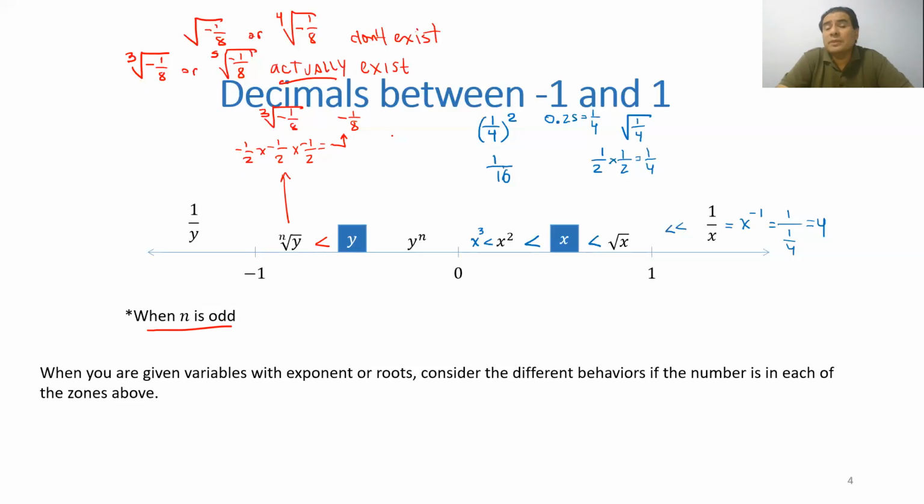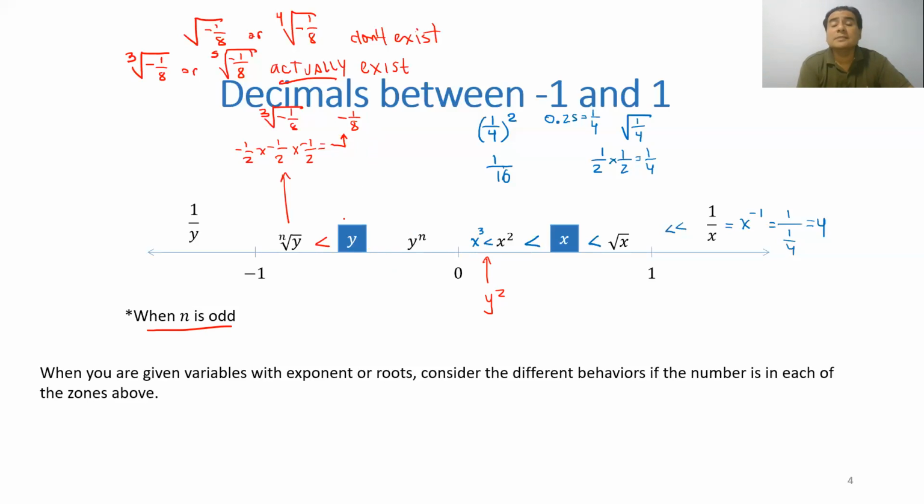What happens now with the powers? What about the powers of a negative decimal? Well, you know that if you raise -1/8 to the exponent 2, that is the square, that instantly becomes positive, okay? But what happens with the odd exponents?